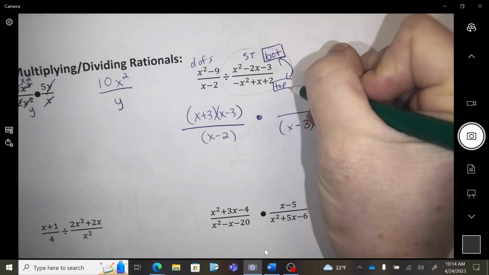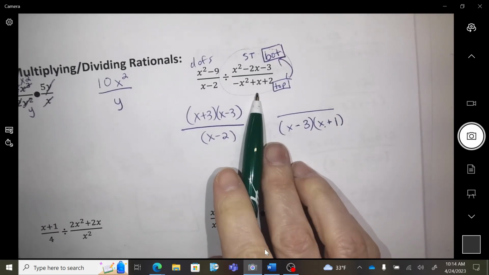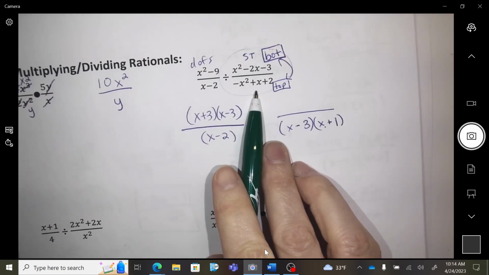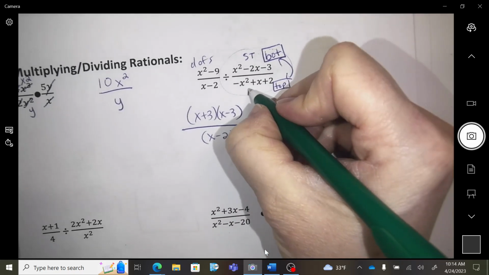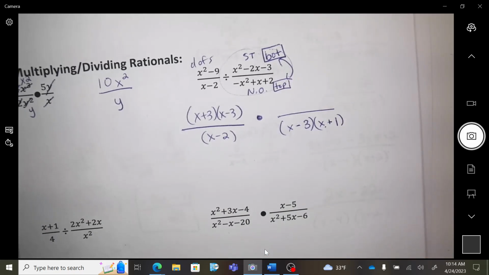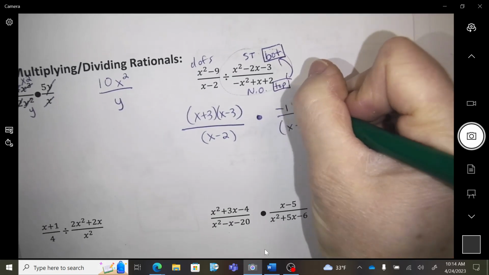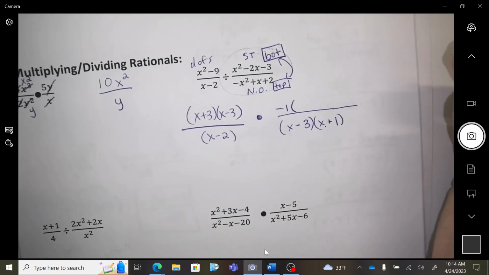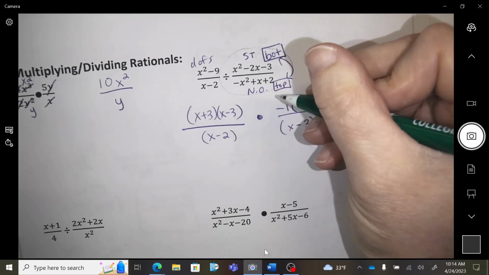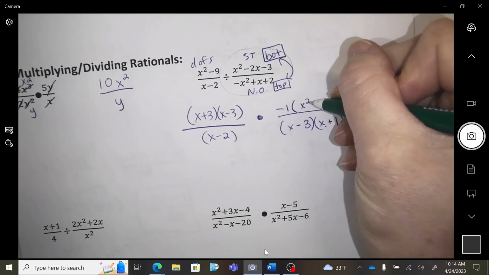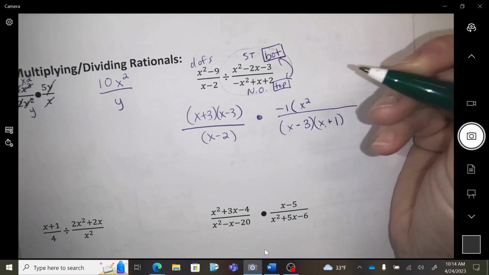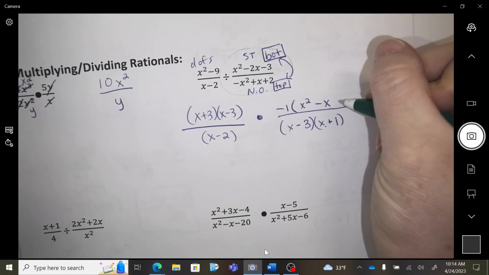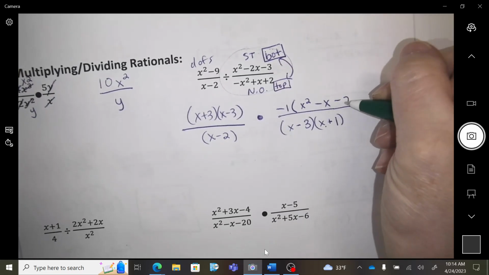Now this one, we're going to write it on the top. What is this style? Negative out, because it's leading with a negative variable. So negative 1 out. Everything's going to change. The negative x squared is now positive x squared. The plus x is a minus x. The plus 2 is a subtract 2.